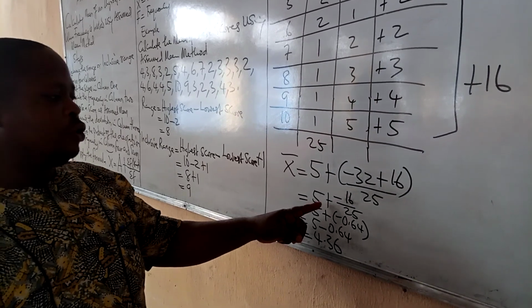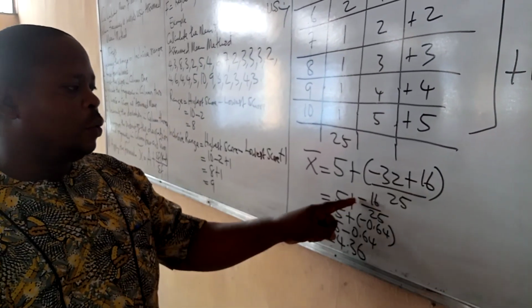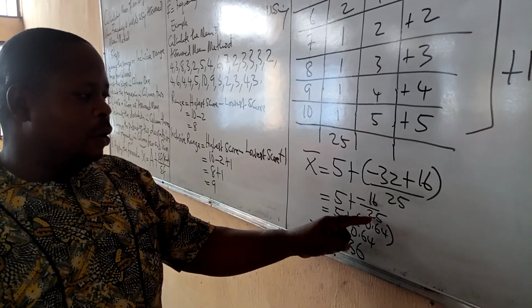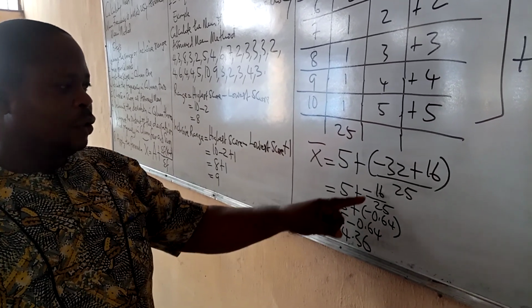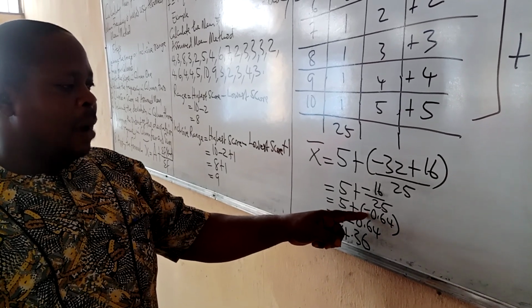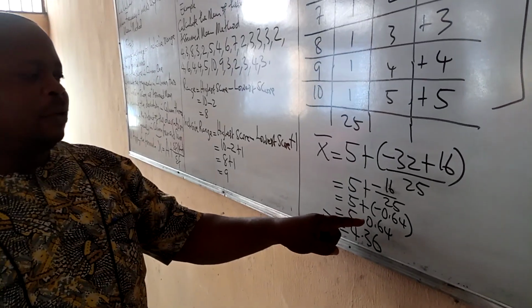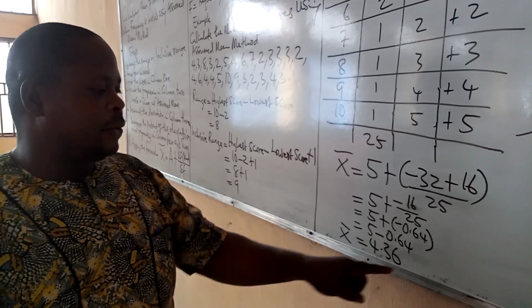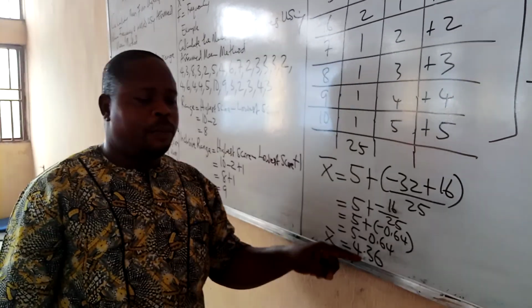Now 5, the assumed mean, plus minus 32 plus 16 gives minus 16. It will now be minus 16 all over 25. And then 5 plus minus 16 divided by 25 is 5 plus minus 0.64. 5 minus 0.64, therefore, gives you 4.36. Therefore, the mean of this data is 4.36.